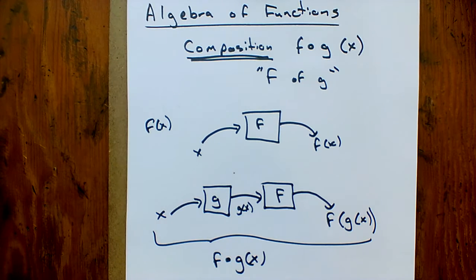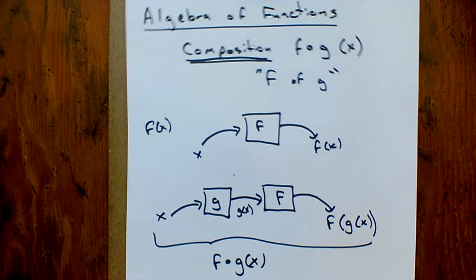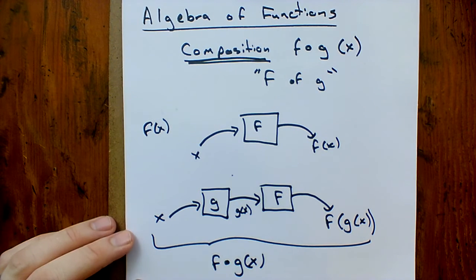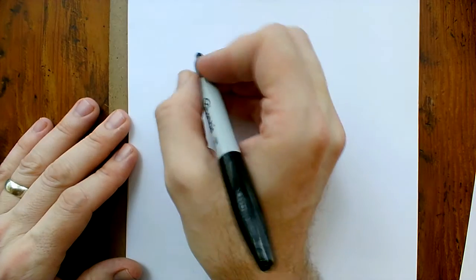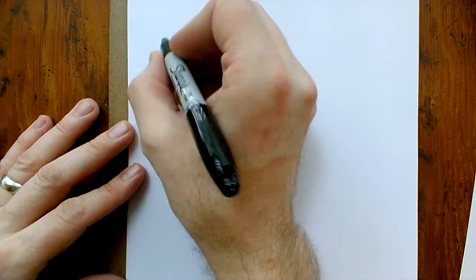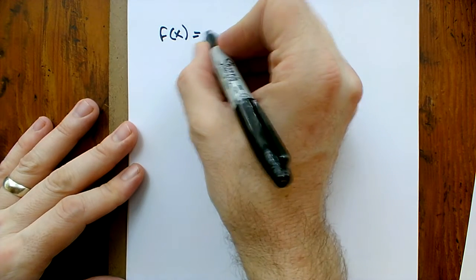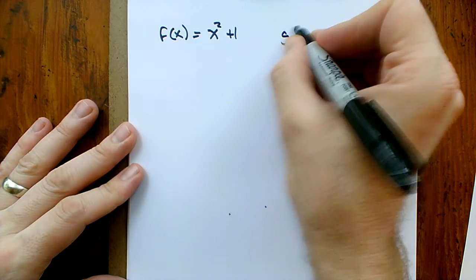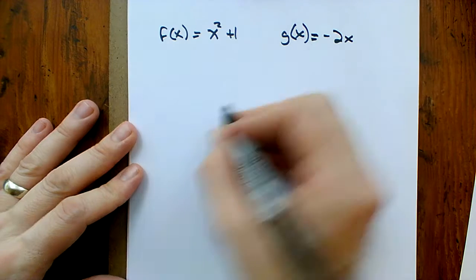Now, we use this very specific notation. It's got that circle instead of a dot, so it's easy notation-wise to mix this up with multiplication, but it isn't multiplication. So let's give you an example or two. Let's start off with our example here. I'm going to say that f of x is equal to x squared plus 1. And I'm going to say that g of x is equal to negative 2x.